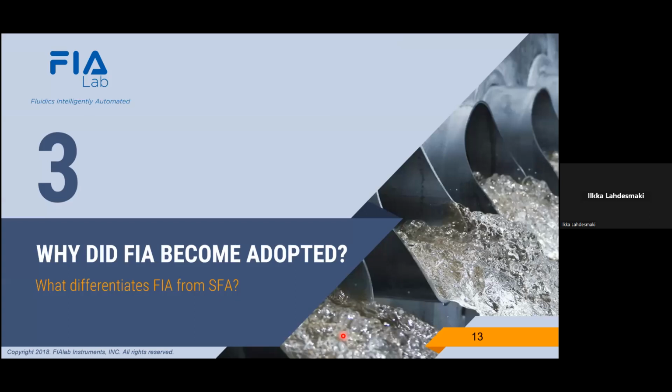Okay. I'm hoping that at this point you'll have a decent understanding of what an FIA instrument looks like and how it operates. Then let's ask ourselves the question, why did FIA become adopted?